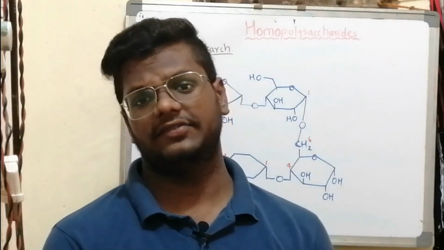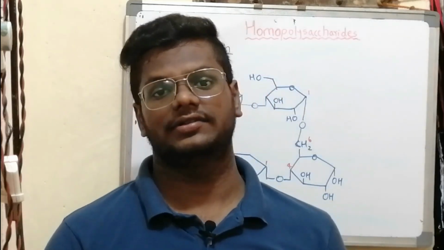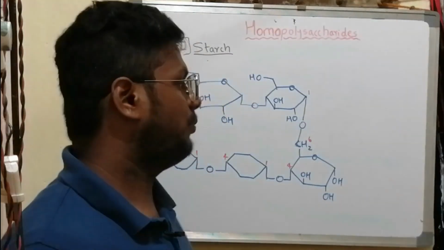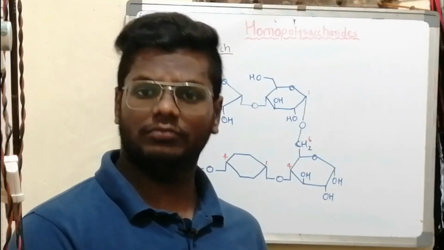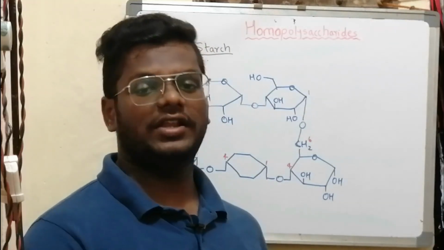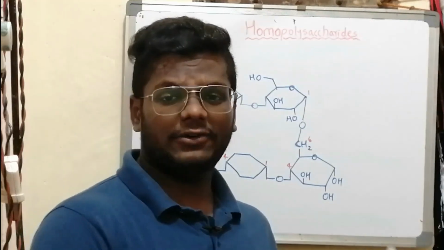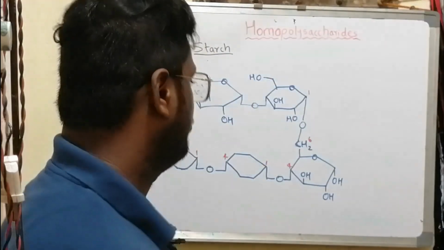Now, since our lower classes we have been studying that in our body there are some amylase enzymes present which are breaking down our carbohydrates into monosaccharides. So basically the polysaccharides are being broken down into monosaccharides. But how is that exactly happening? Let us apply some biochemistry.